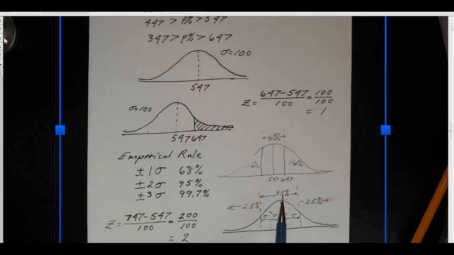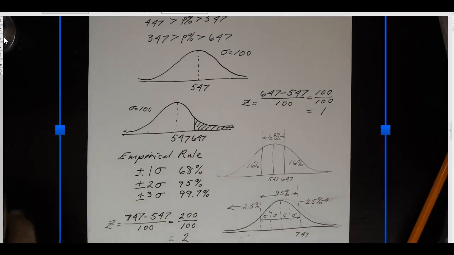Dividing that 5% in half and distributing it in the upper and the lower tail, then we know if we go 2 standard deviations, which is where this 747 happens to fall, there should be 2.5% of the data values above that score.